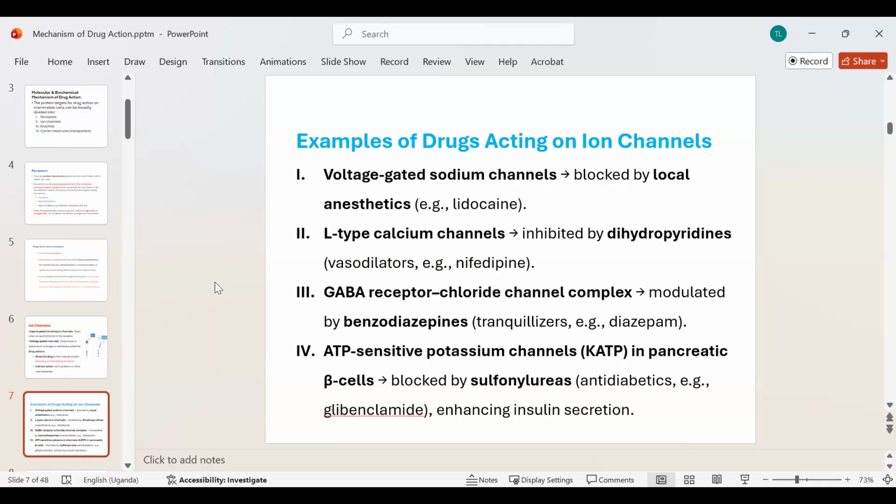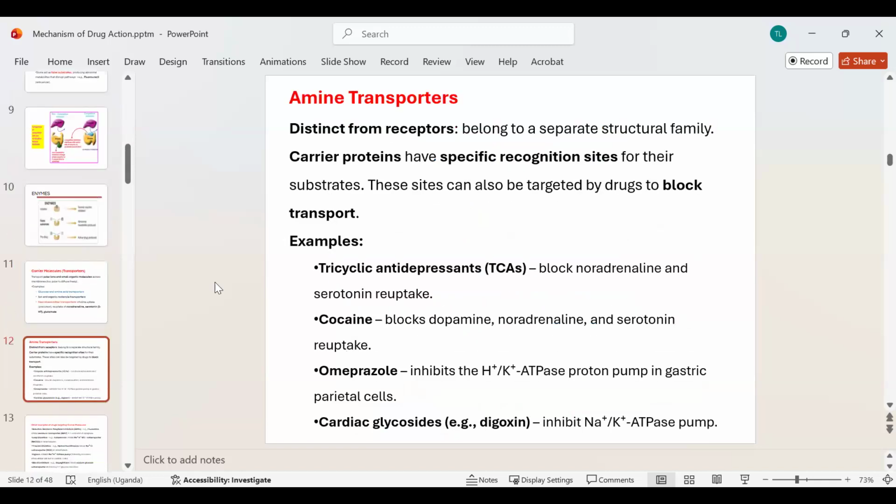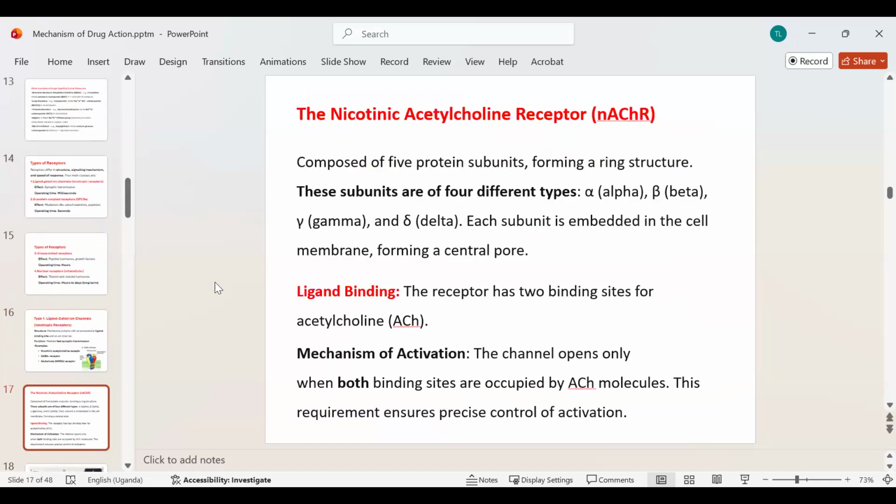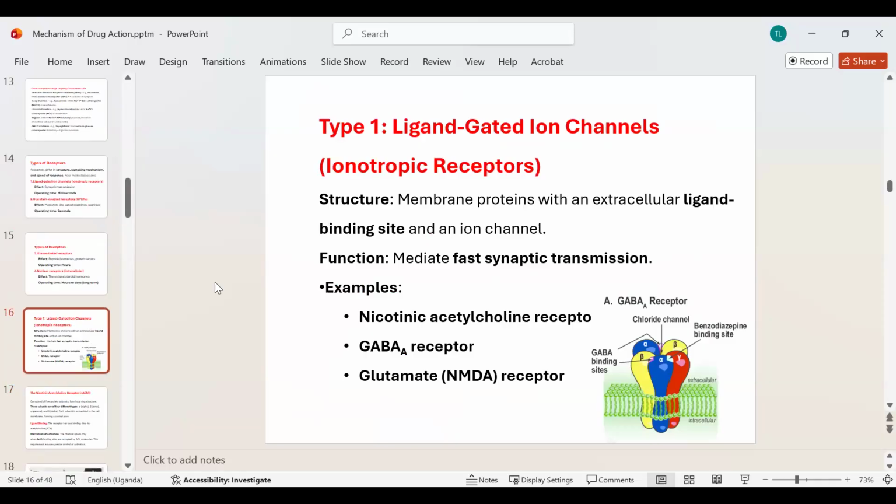I don't know whether I have a structure of GABA around here. Yes. That structure you see in a corner there is a GABA receptor. I just wanted you to get a feel of what we are meaning when we talk about GABA. So it is pentameric. You can see there are 5 of them: 2 yellows, 2 blues, and 1 red.